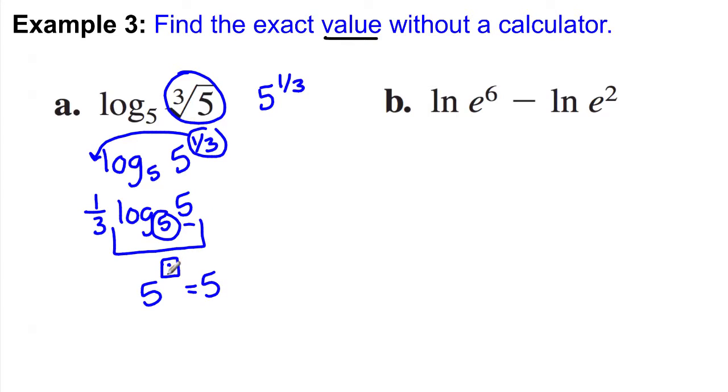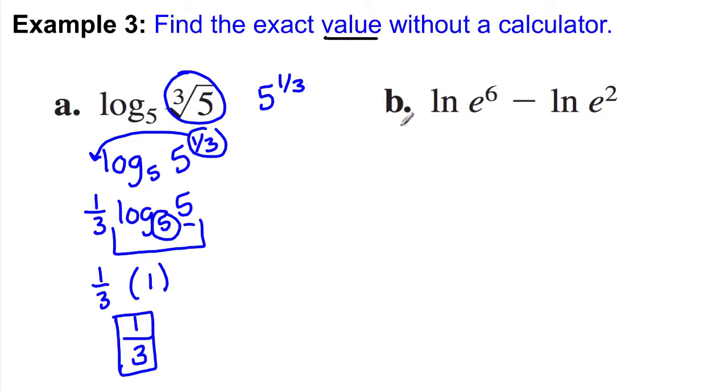Well, that's easy. It's just 1. So that logarithm literally just equals 1. So I'm going to go ahead and rewrite this now as 1/3 times 1. And what is 1/3 times 1? It's just 1/3. So that exact value, without using a calculator, we just figured out is 1/3.